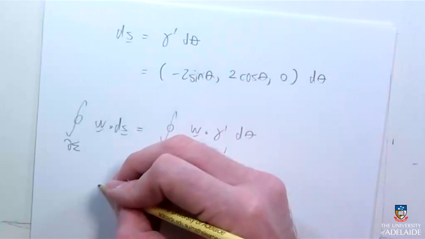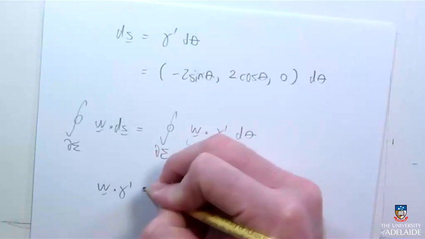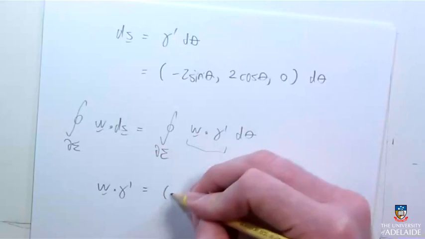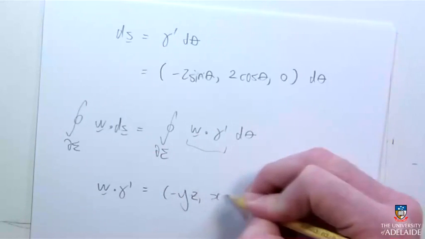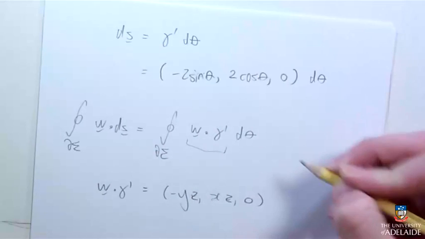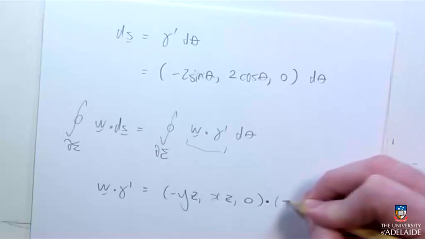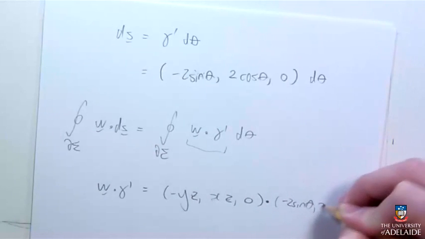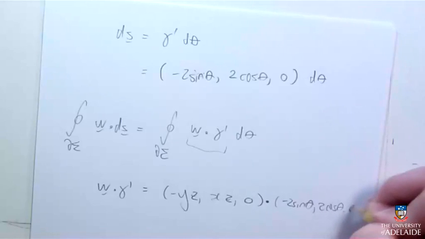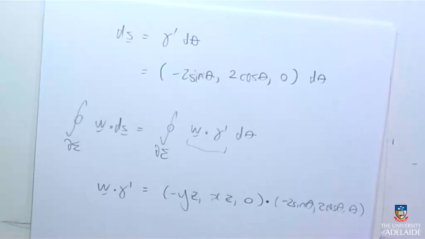So w dot gamma dashed is (y z, x z, 0) dot (minus sine theta, 2 cos theta, 0). Oh crap! This has got x's and y's, and it's supposed to be in terms of theta, so I'll just have to sub in my thetas.